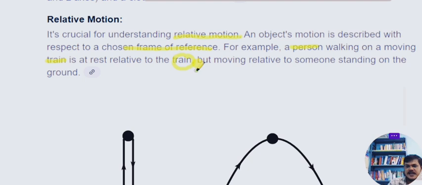That is, we can understand the velocity, but it is very different from the perspective of the person standing outside the train, on land, watching what is happening inside the train. Clear?